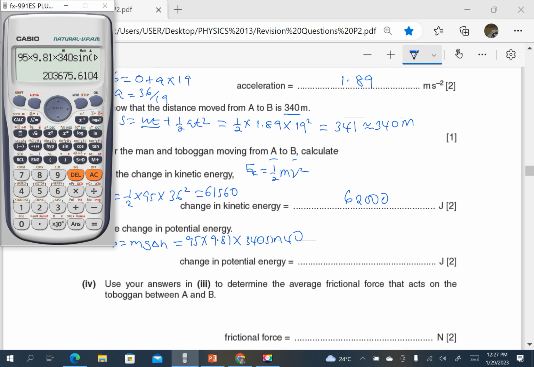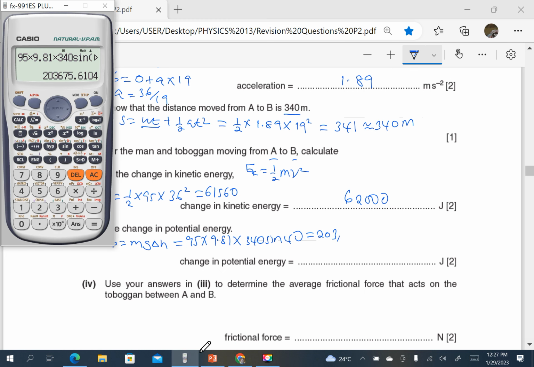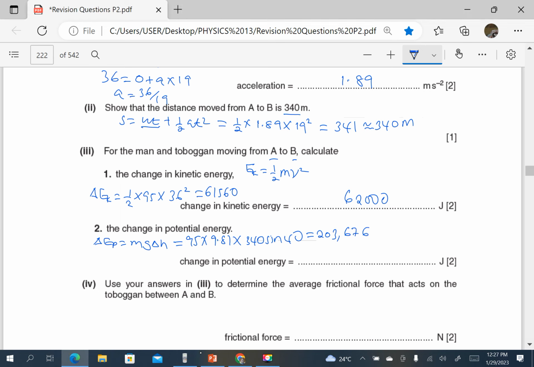So that is 203,676 joules. Approximated it can be 204,000 or 200,000, but I'll use this for further calculation.